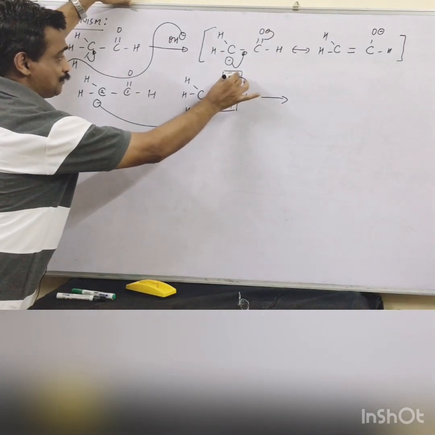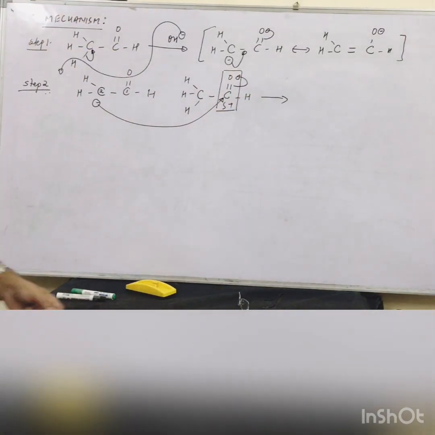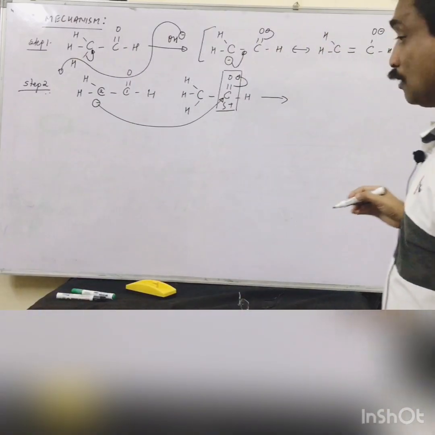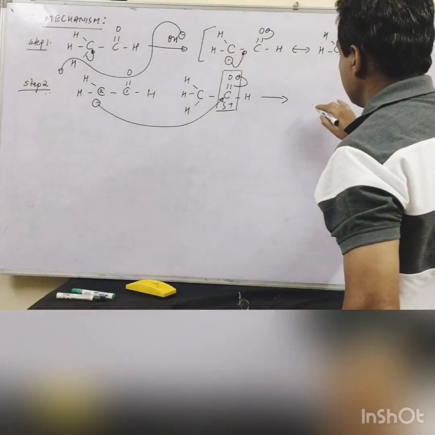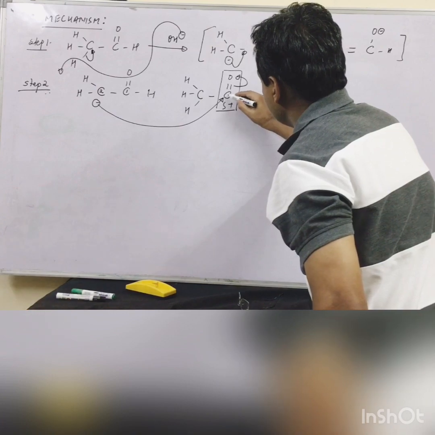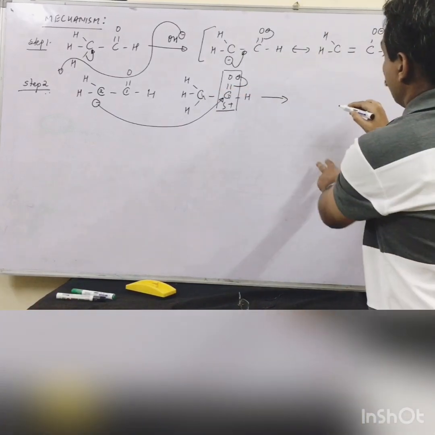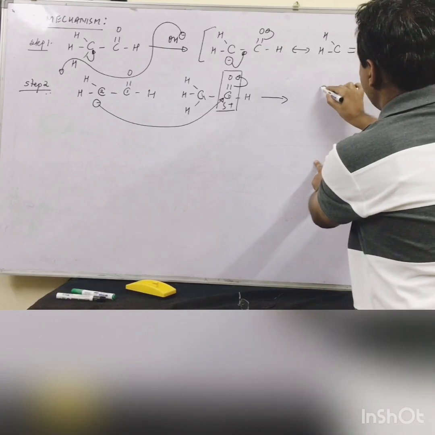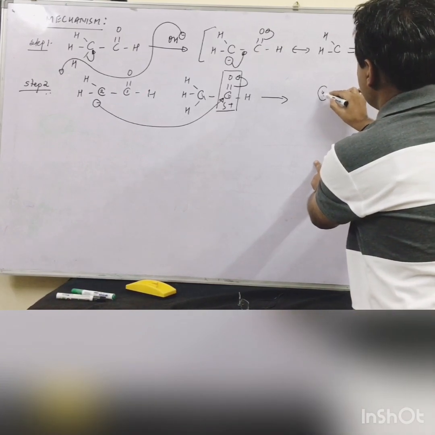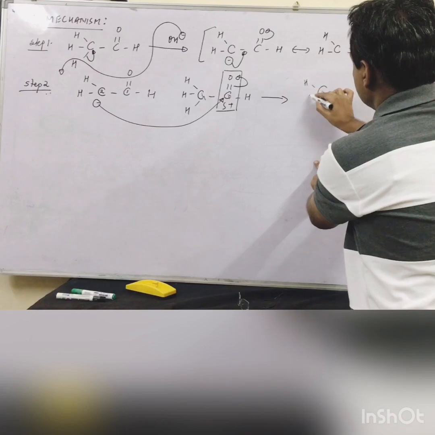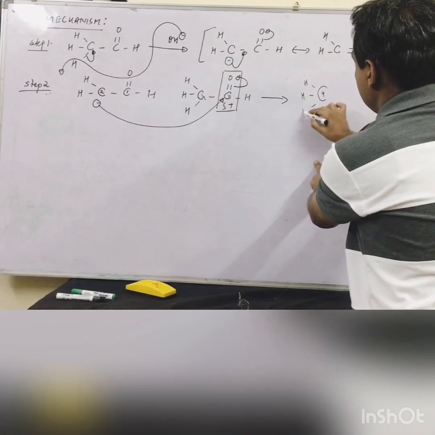The pi bond shifts here, and the compound obtained, if you can guess, let me label it here as 3 and 4 respectively. So what is happening is 4 is kept intact. There are 3 hydrogens. Write it very clearly.